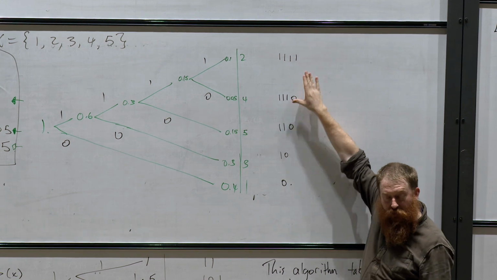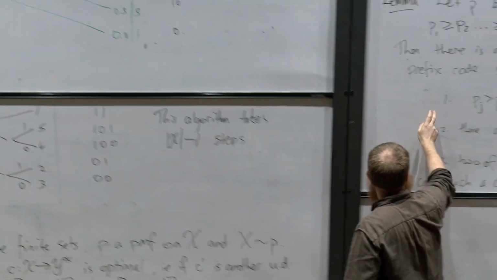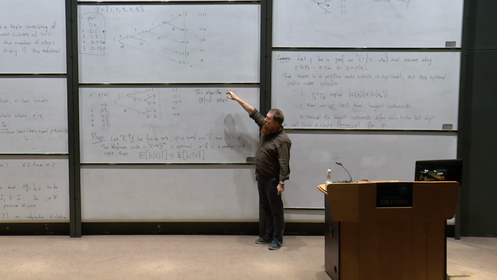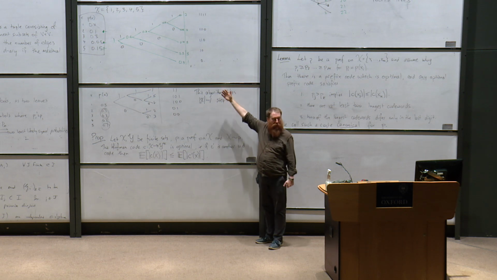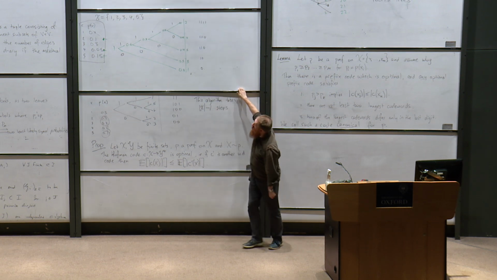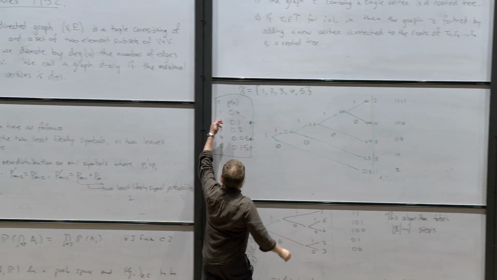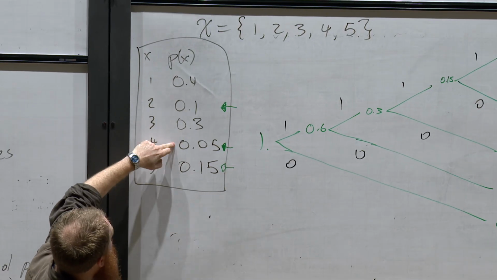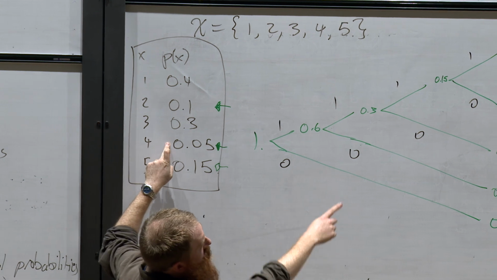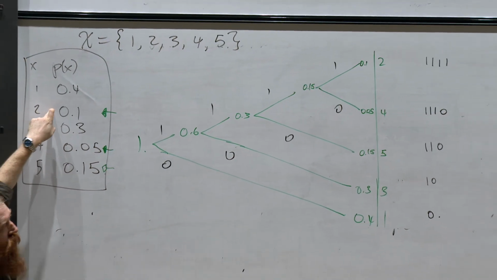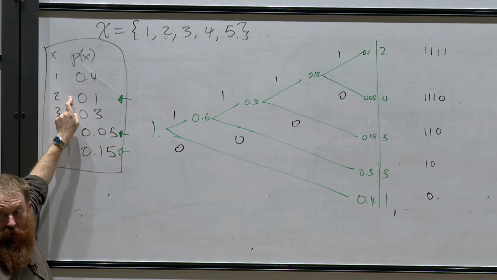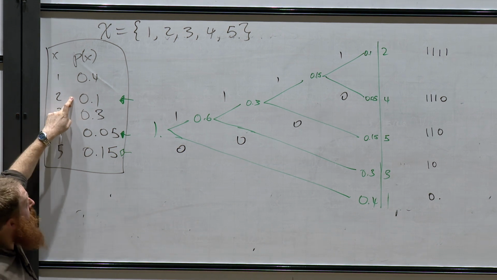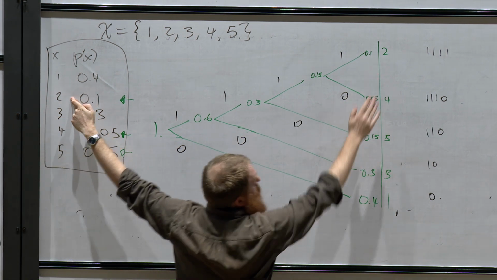You'll notice that the lengths of the code words are weakly ordered by the probabilities of the events. If I order these by probability, 4 is the smallest, so 4 has the longest code word. 2's next, so 2 has the longest code word as well. It's second longest, but it's the same length, but that's fine.